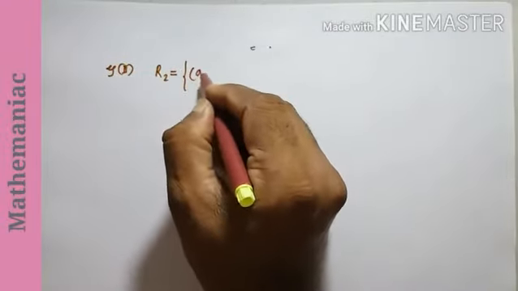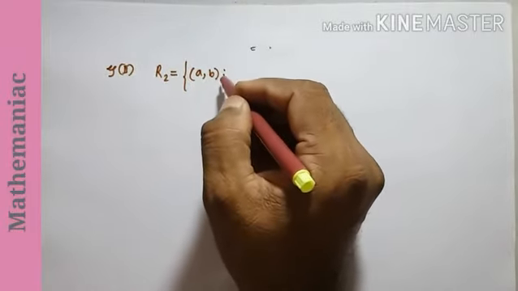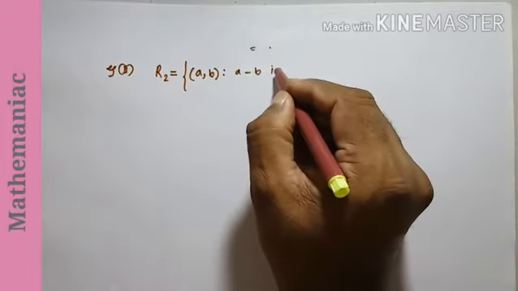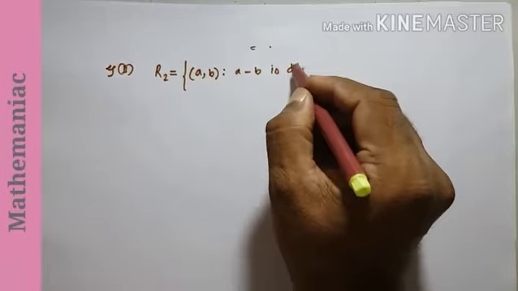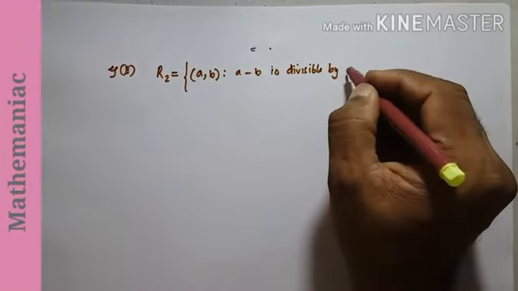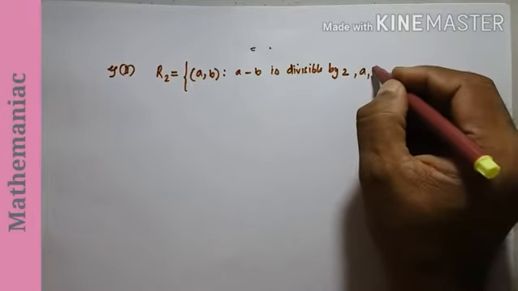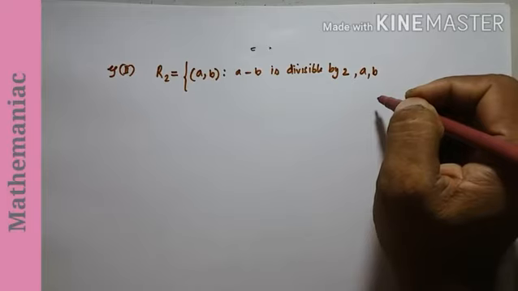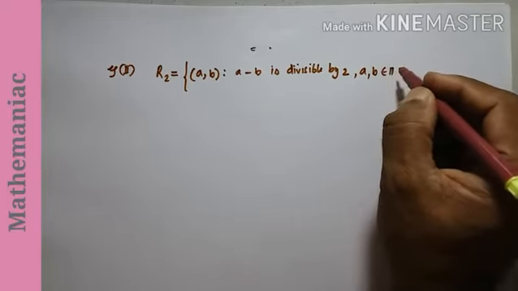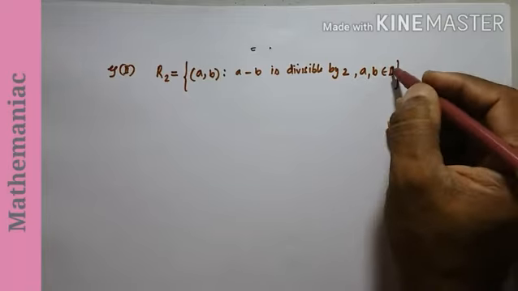Say two numbers a, b are related, we say, if a minus b is divisible by, let us write 2 only, where a and b we want to pick from the set of integers I.